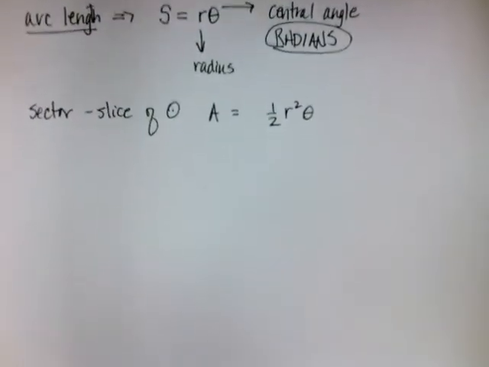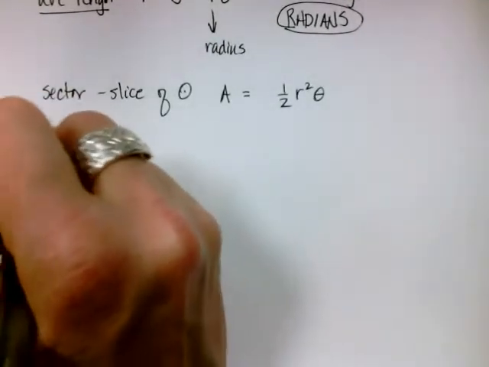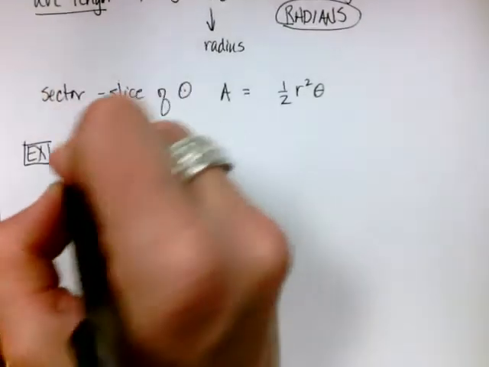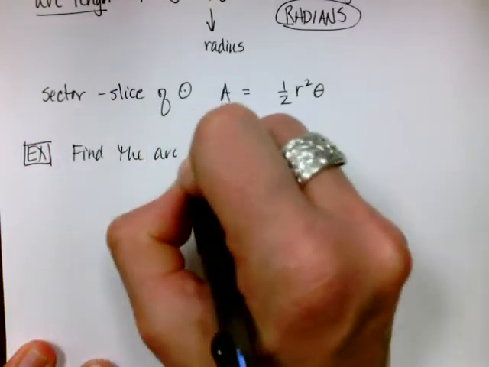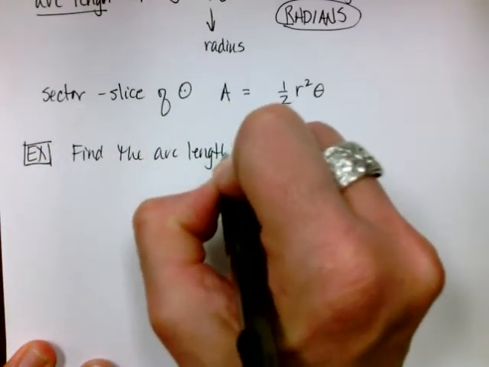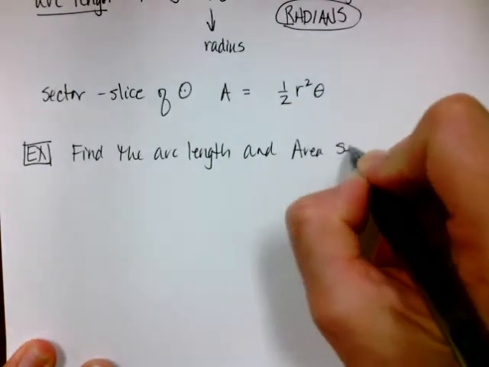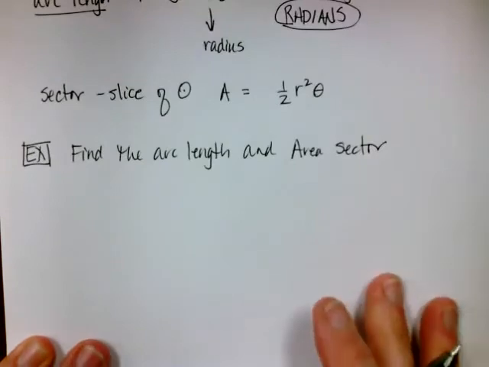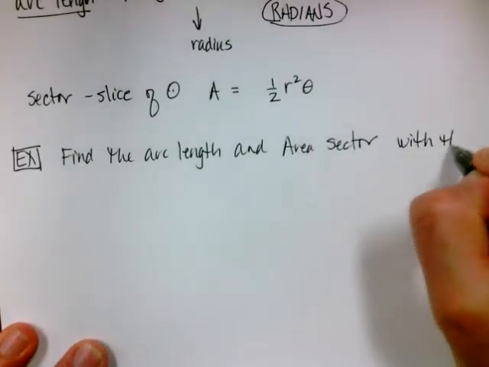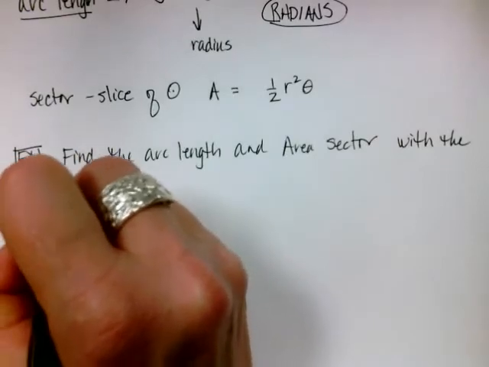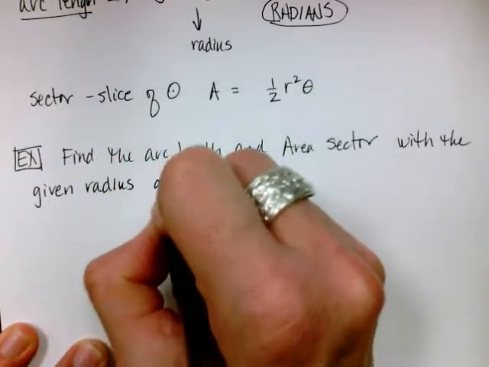So let's do a couple of little examples. I'm going to tip my little thing a little bit because it's giving me kind of a weird angle. Alright, so the first example says to find the arc length and the area of the sector, my little pizza pie slice, with the given radius and central angle.